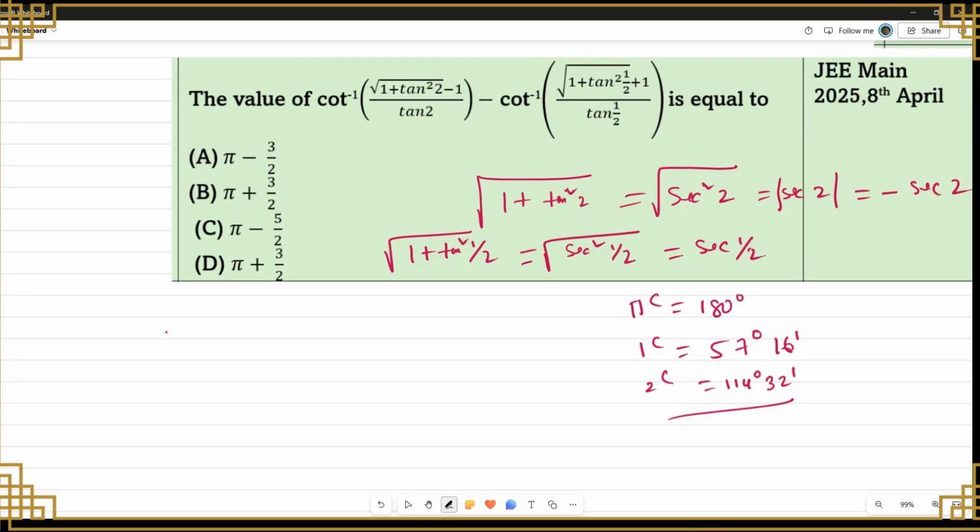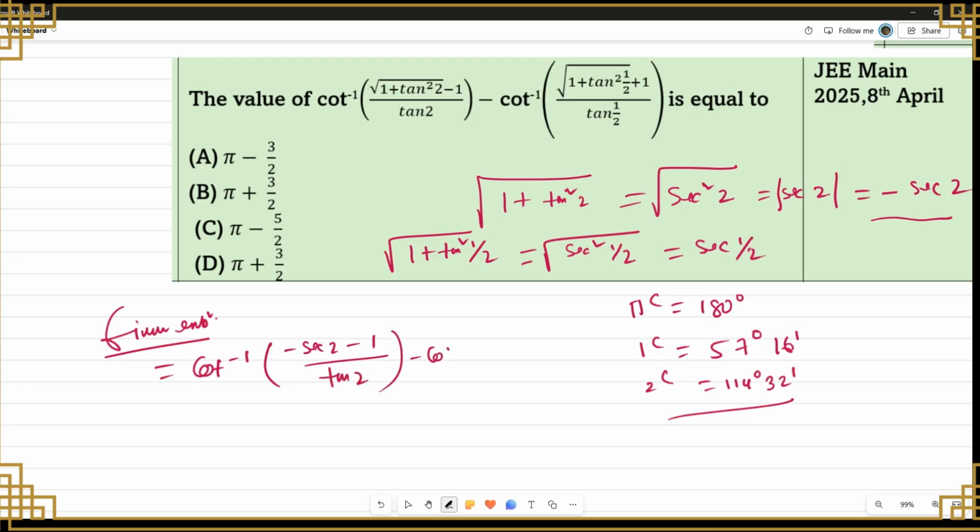That given expression is what? Cot inverse of minus sec 2, you have seen that, by tan 2, this minus cot inverse of sec half plus 1 by tan half.